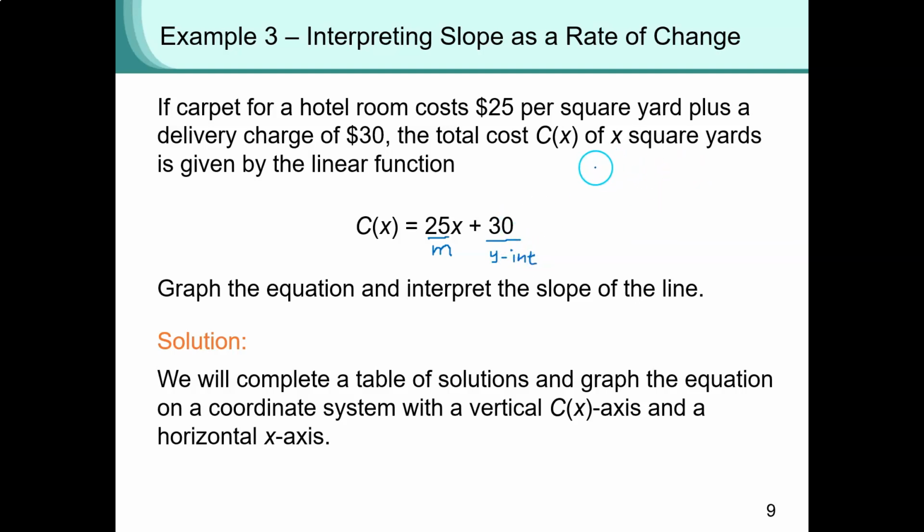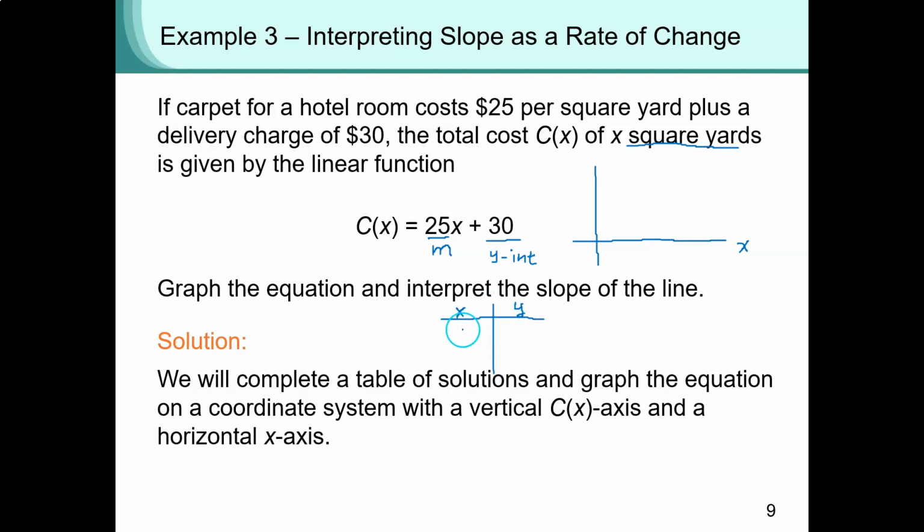So we can sketch the graph. Because in this question x represents the square yard, we only look at the positive x-axis. There's no way you get a negative square yard, so we only look at quadrant 1.